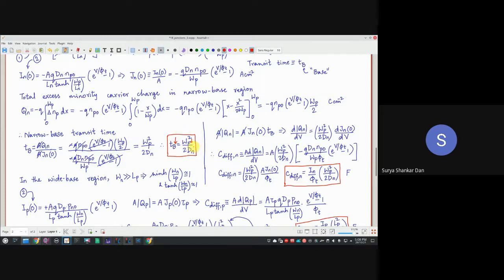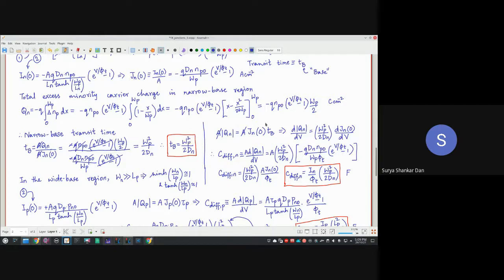The second thing, which was not so evident when we were discussing it physically, is why mathematical models are so important. Mathematical modeling tells us that we can also increase Dn, that is, you have to increase the diffusivity of the material which is used as the base. There are techniques to increase the diffusivity also.